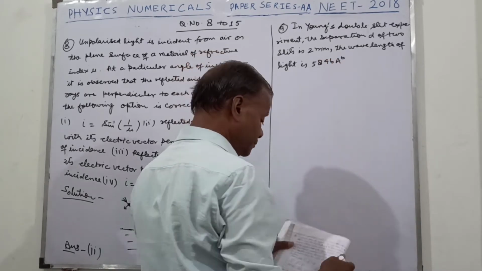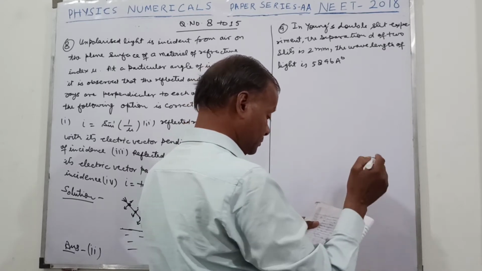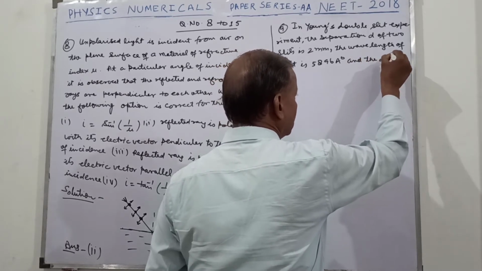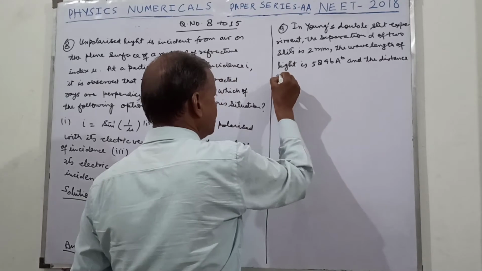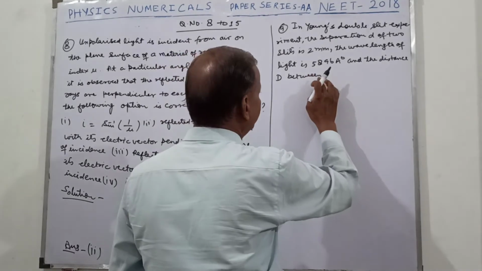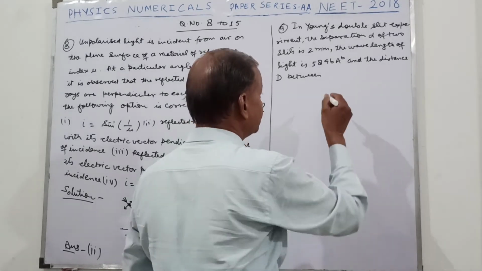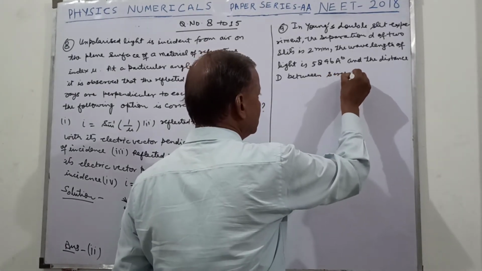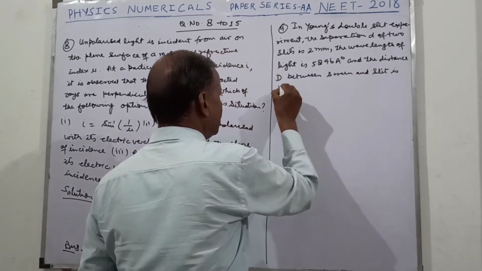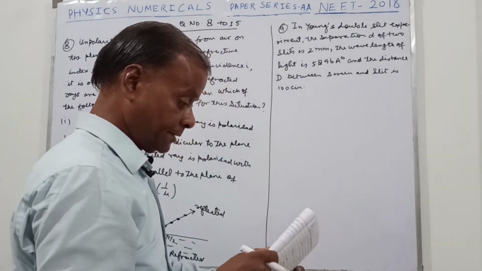5896 angstrom, and the distance D between the screen and the slit is 100 centimeter.